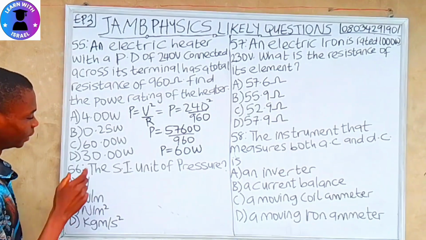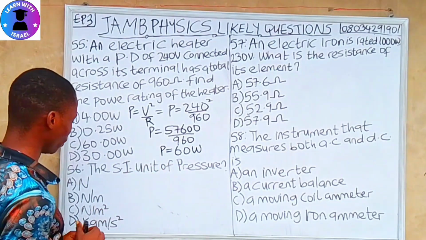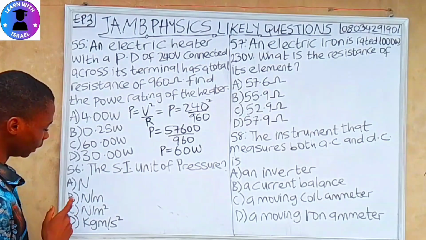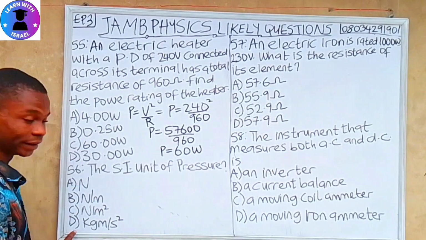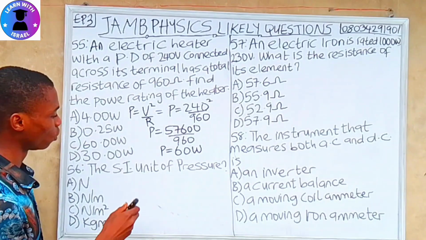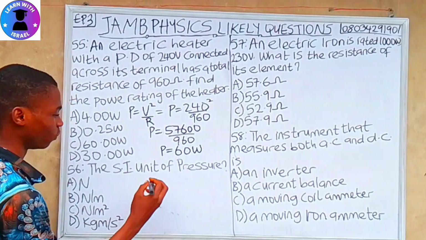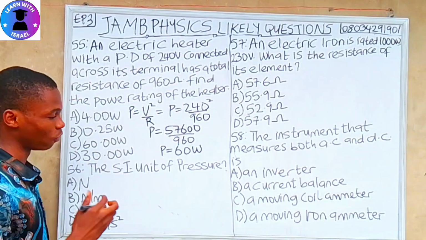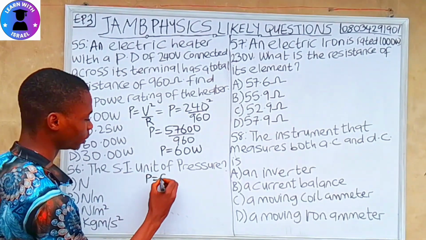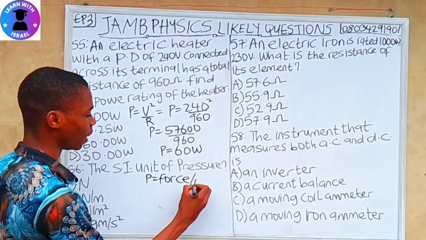Question 56. The SI unit of pressure is A. Newton, B. Newton per meter, C. Newton per meter square, D. kilogram meter per second square. We first need to know the formula for pressure. The formula for pressure is force over area.